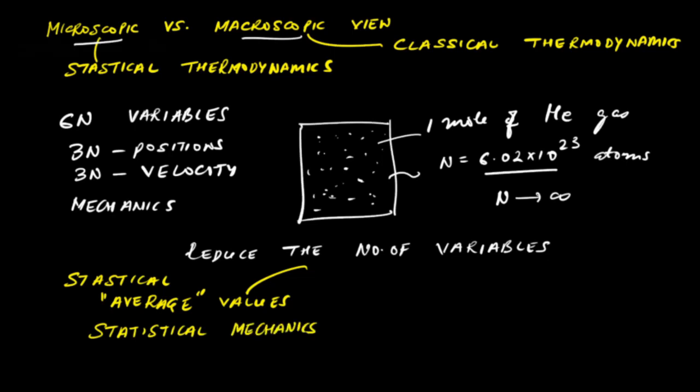From this approach, we can arrive at different postulates of thermodynamics in the limit that you have a large number of particles. But another approach, which is more practical from an engineering point of view, is using the macroscopic viewpoint, which forms the basis of classical thermodynamics.